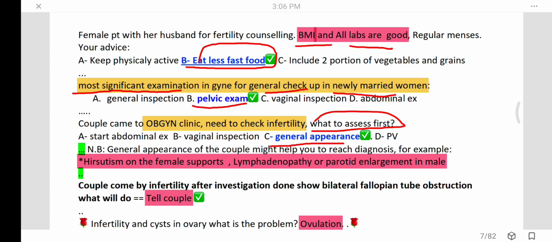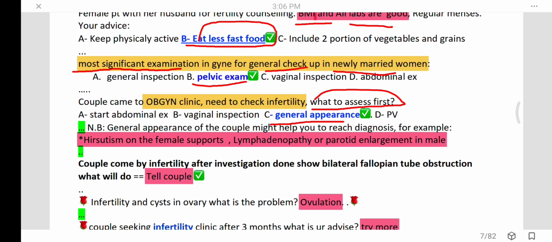Suppose a question asks: a newly married couple came to your clinic for an infertility checkup. What will be the first thing for the doctor to do? The first thing to do will be the general physical examination. If the question asks what will be the most significant thing to do, then you have to do the pelvic examination. This is very important.